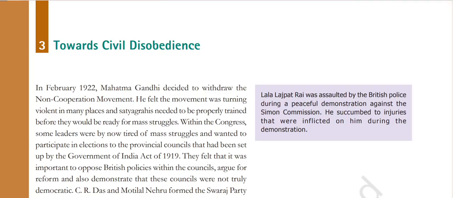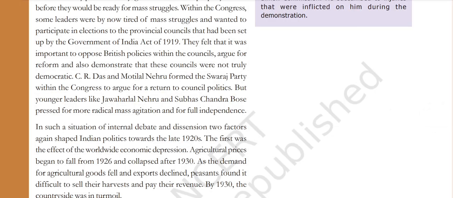C.R. Das and Motilal Nehru formed the Swaraj Party within the Congress to argue for a return to council politics. But younger leaders like Jawaharlal Nehru and Subhash Chandra Bose pressed for more radical mass agitation and for full independence.